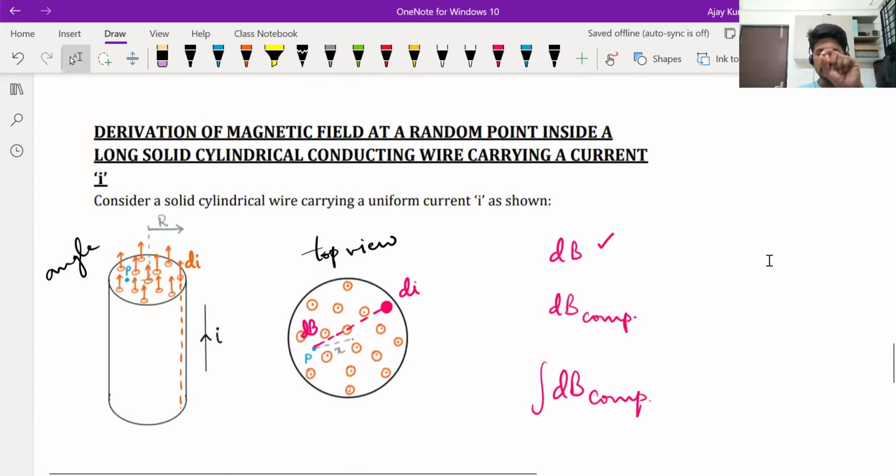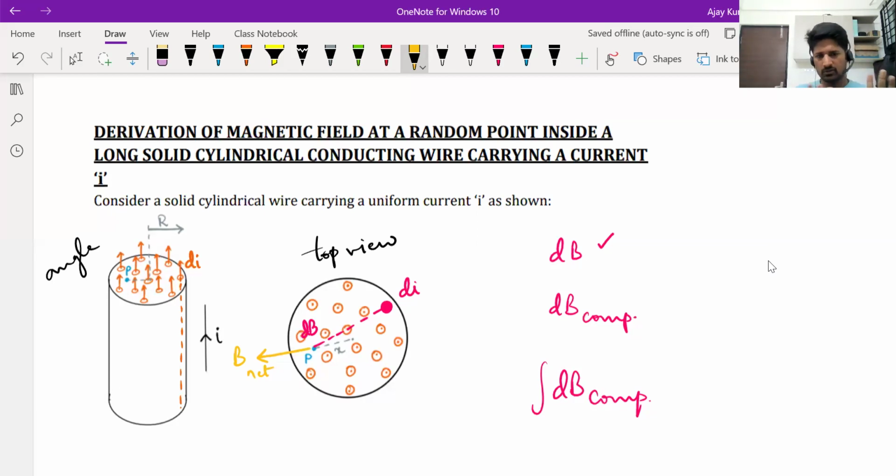Because each stream of current dI will produce a magnetic field dB at the point P, but you will have to integrate all of them to get the net field. And fields are vector quantities. If you want to integrate vectors, you'll have to take components. So if you can visualize the direction of net field, for example, in this case, let's say the net field is going to be this way.